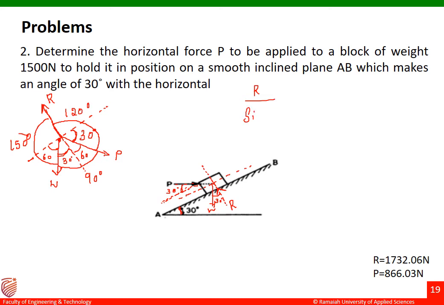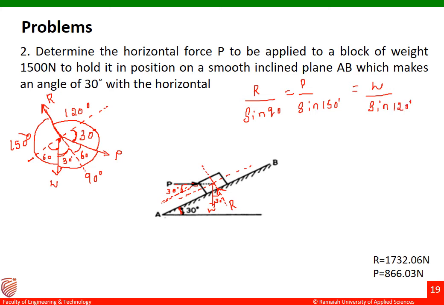R divided by sine of 90 degrees is equal to P divided by sine of 150 degrees, and then W divided by sine of 120 degrees here.